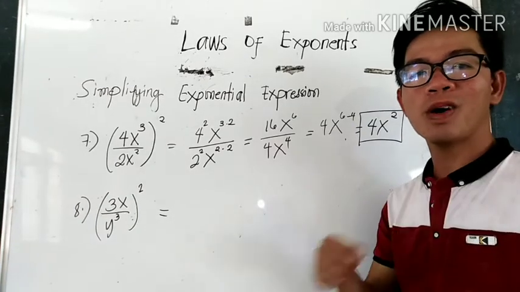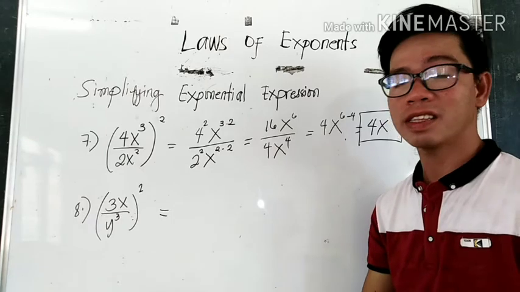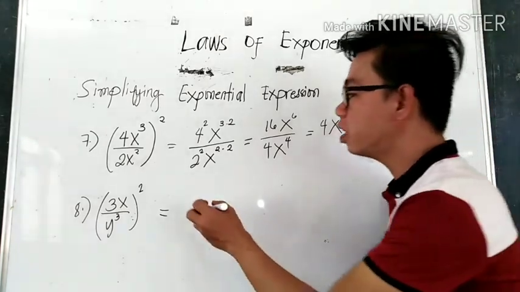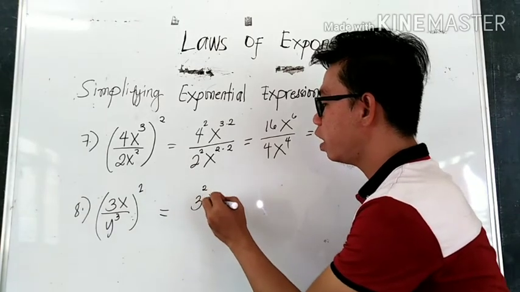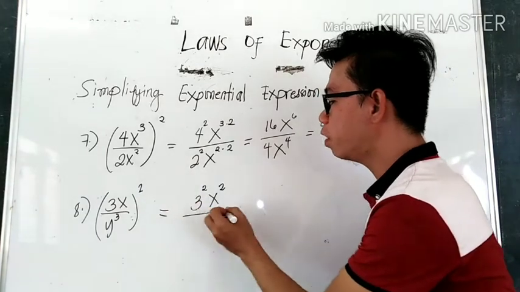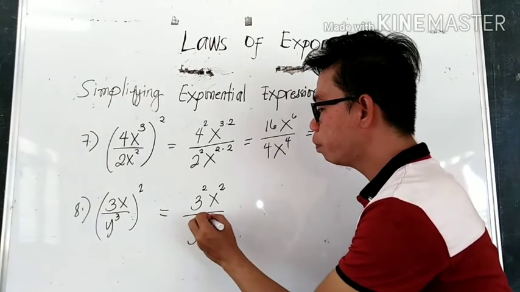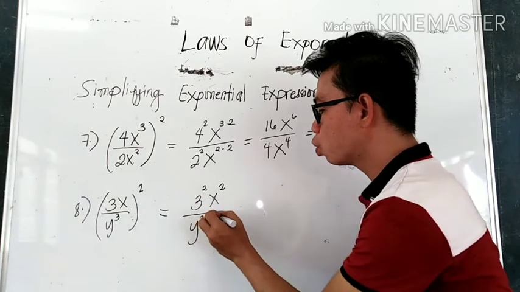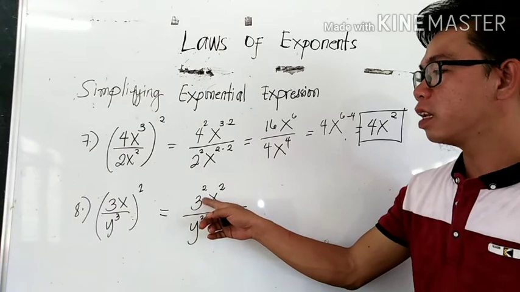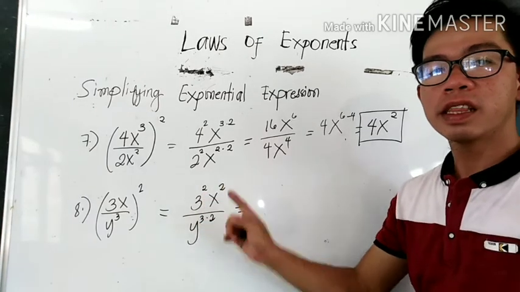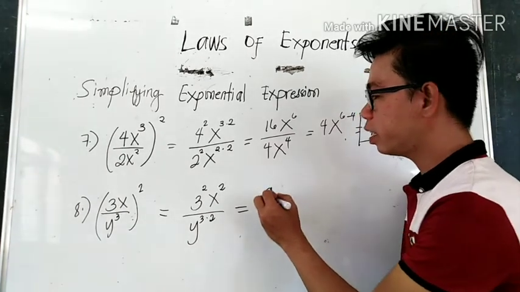Let's first do the power to a power, which means we will multiply the exponents. 3 squared, then x squared over, or divided by, y cubed, 3 times 2. 3 squared means 3 times 3, which is equal to 9.